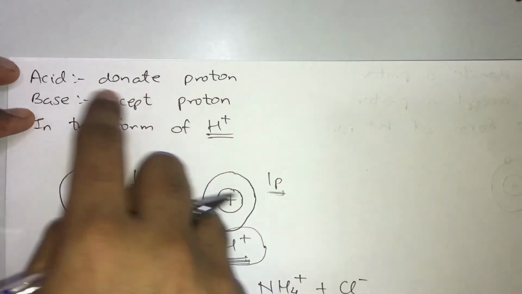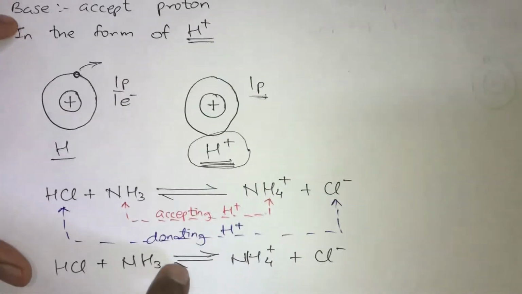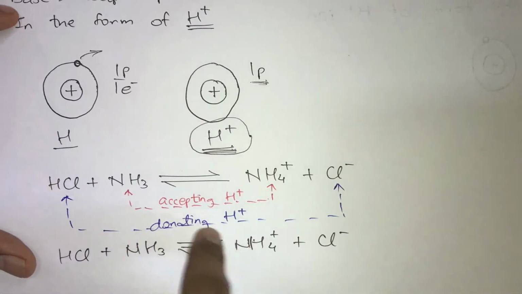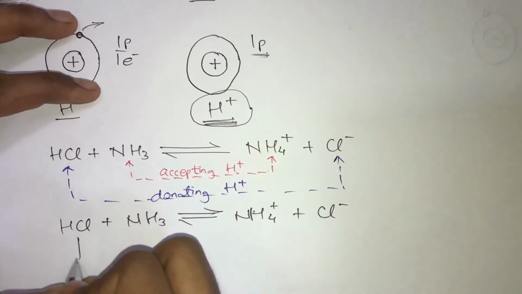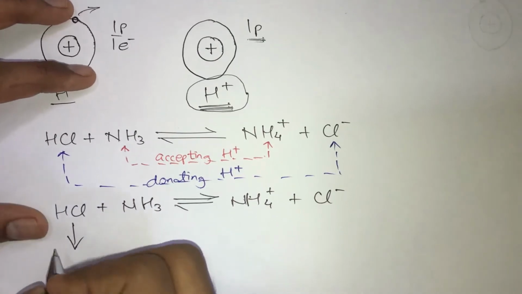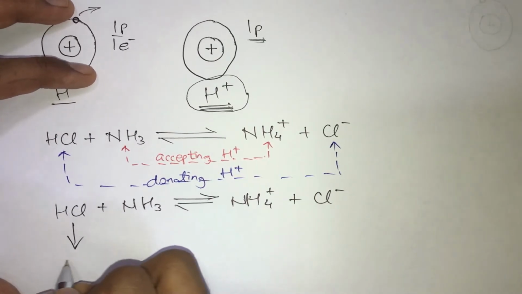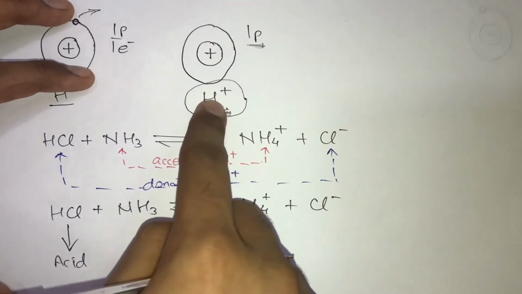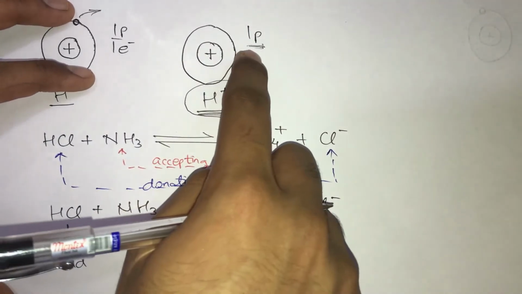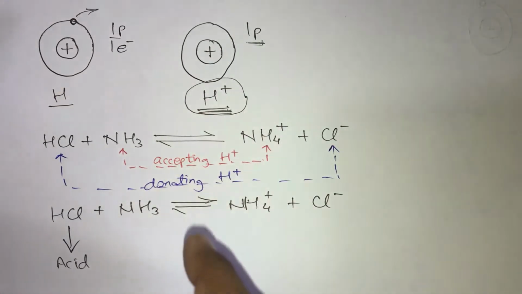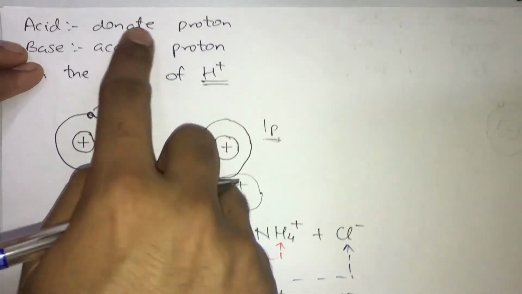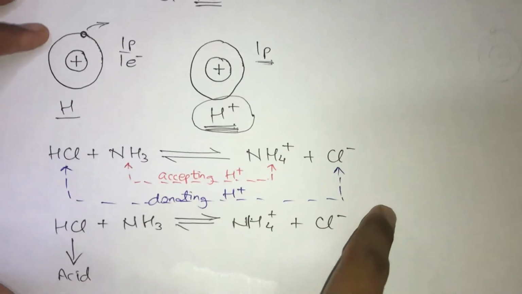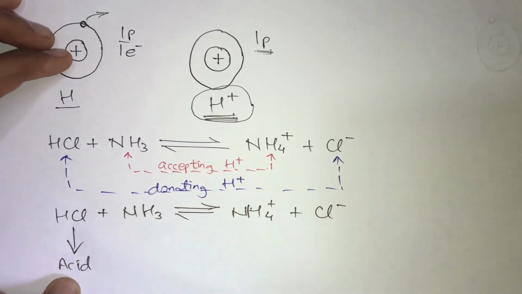And how is it going to donate a proton? In the form of H plus ion. And here you can see that HCl is donating a H plus ion. So can I say that HCl ultimately becomes your acid? Why? Because donating an H plus ion is equivalent to donating one proton, and the one substance which donates a proton is nothing but an acid. So your HCl is going to be an acid.